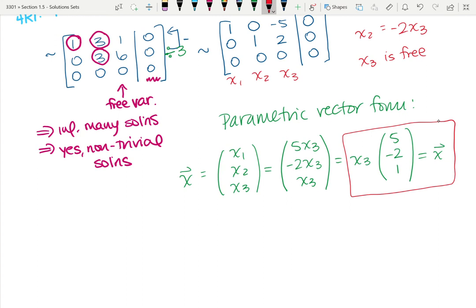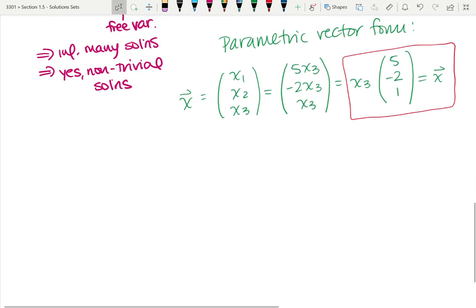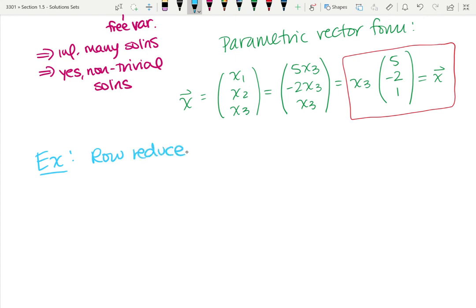All right, I want to do one more example. We're not going to do the full row reduction, but let's say we row reduce and we get the following: 1, 0, 0, 0, 0, 0, 1, 3.